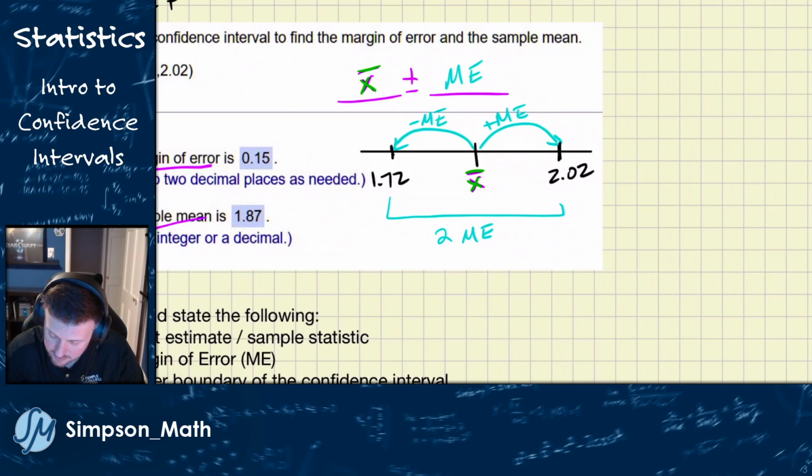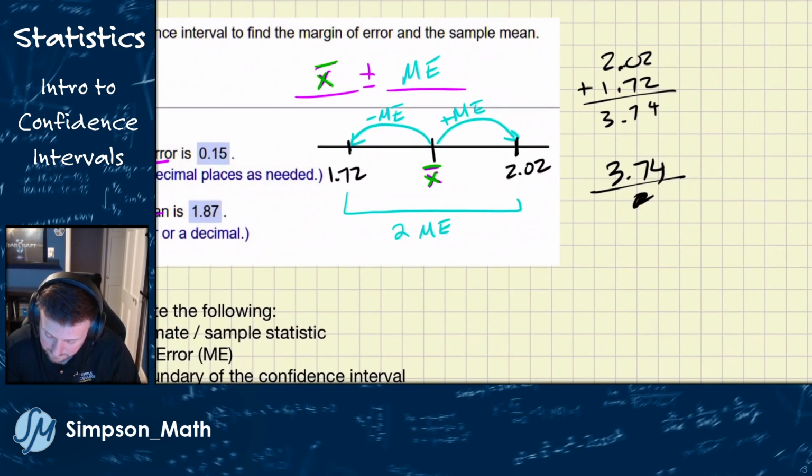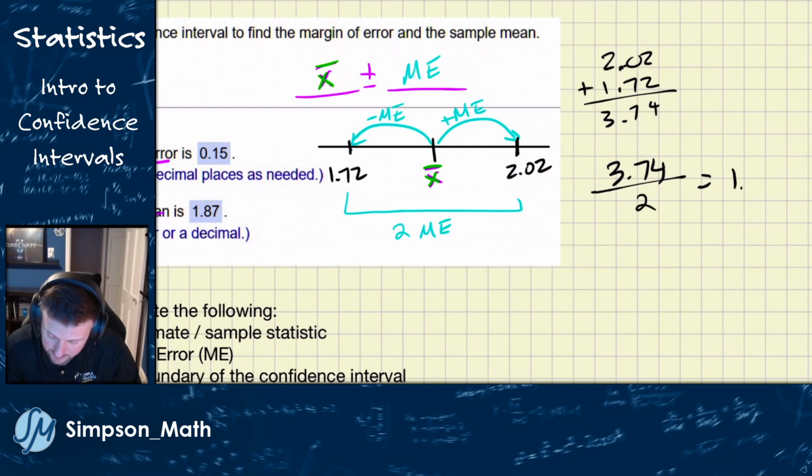If I take 2.02 and add 1.72, I get 3.74, and if I divide that by 2, I get 1.87.